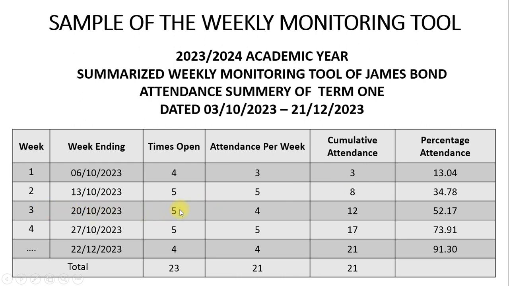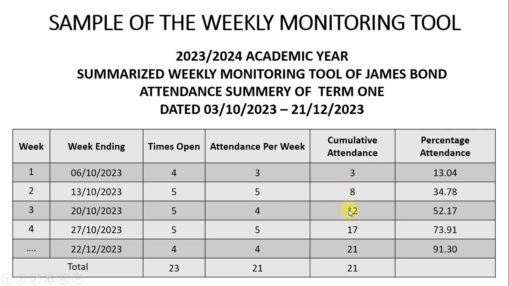Then the third week, the school was open for 5 days, no holiday. I attended 4 days out of 5, which is my attendance for that week. I'll add this 4 to the 8 and get 12.